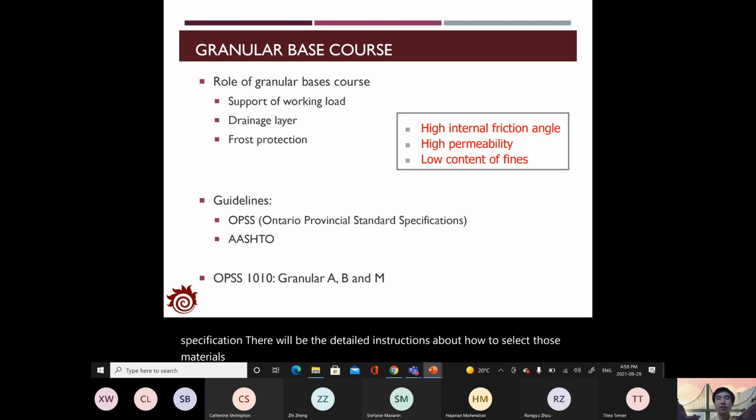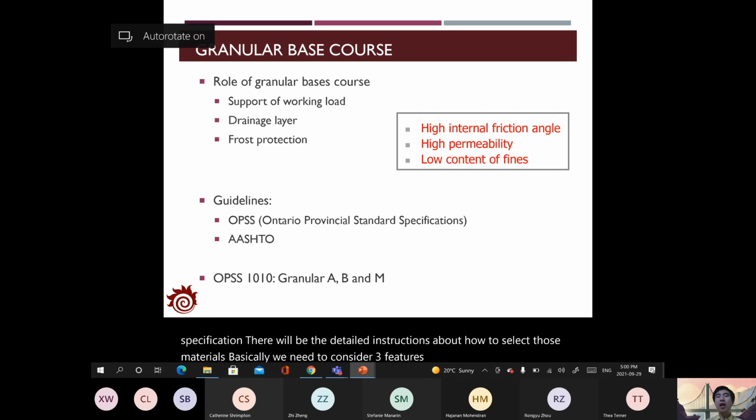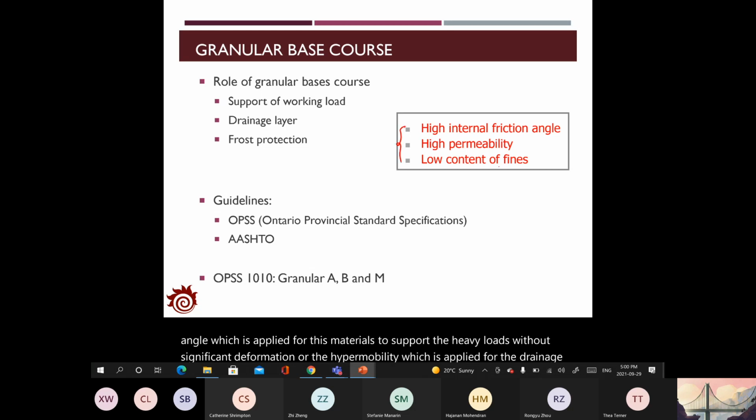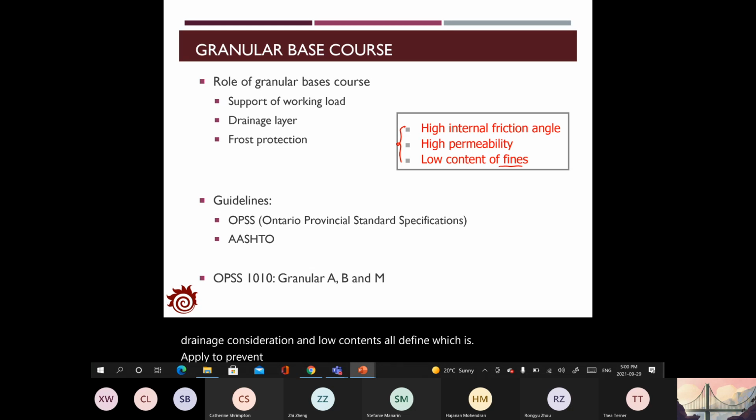Basically, we need to consider three features: the very high internal friction angle, which is required for these materials to support the heavy load without significant deformation; the high permeability, which is required for drainage consideration; and the low content of fines, which is required to prevent the freeze-thaw effect and also the potential swelling and shrinkage potentials.